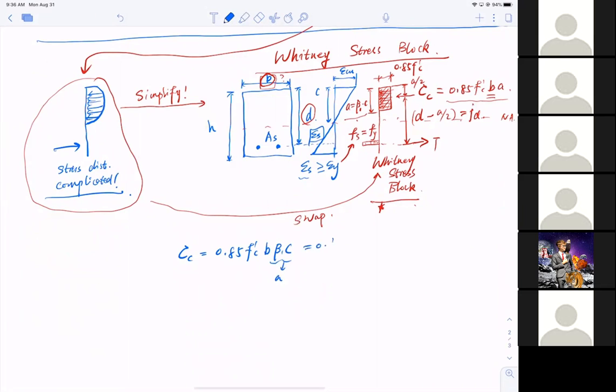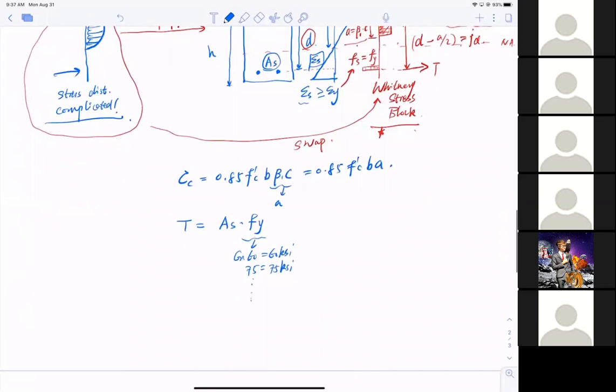So 0.85 F prime C B A. Now we know that the tension equals A S, which is the area of steel, multiplied by the yield strength of the steel. In this case, if it's grade 60, it means 60 KSI, right? 75 KSI, okay? And so on and so forth.